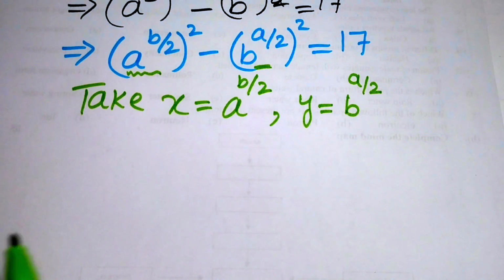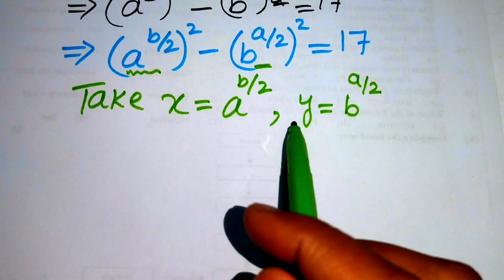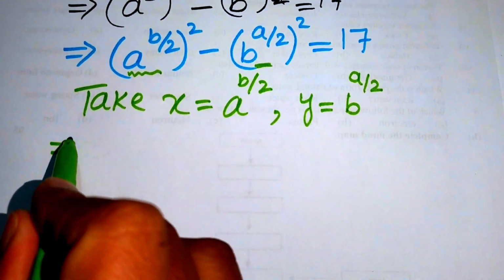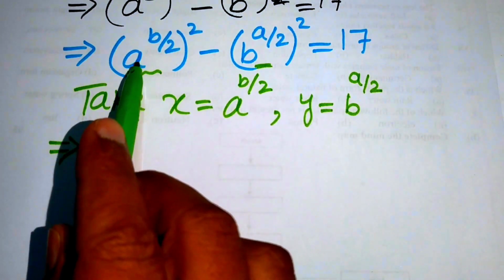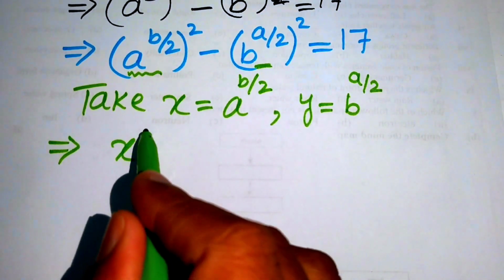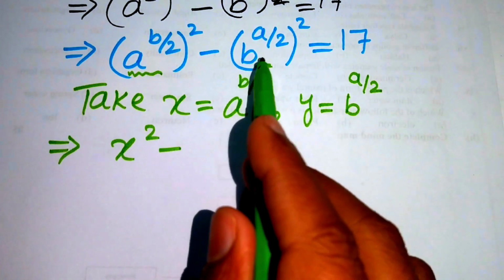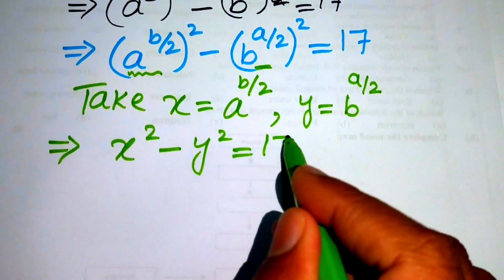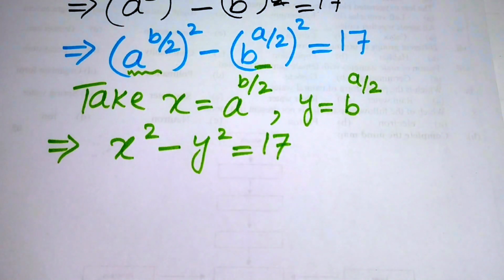Now we put the values of x and y in this equation. When we put the value of x here we get x square minus, and when we put the value of this as y, we get y square, and this whole equals 17.